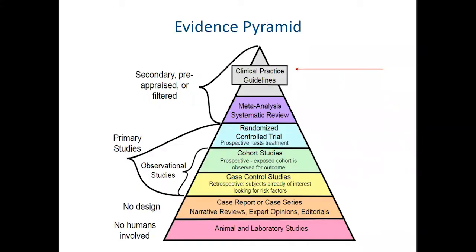As we've learned already, the top of the evidence pyramid includes clinical practice guidelines. Clinical practice guidelines are recommendations on how to diagnose and treat a specific medical condition. They help guide what to do or not to do in clinical practice in a very specific way.